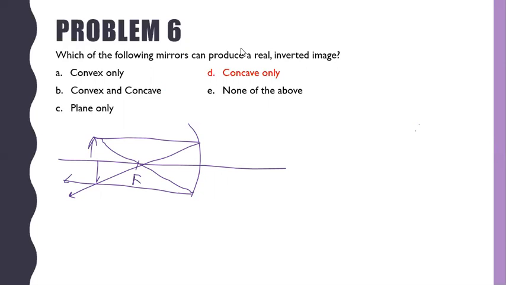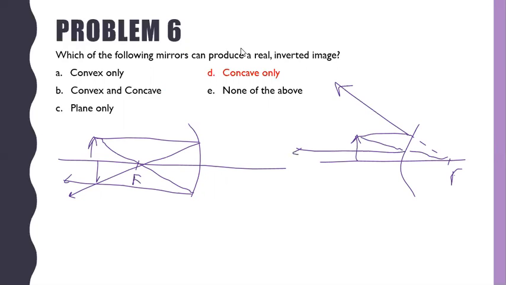If I have a convex mirror and I try to draw from an object here, focal point back here, in parallel, out as it came from F, in as it's going to F, back parallel, they're not meeting, but they look like they met back here. That's a virtual image. No matter what you do with that convex mirror, you'll get a virtual image.